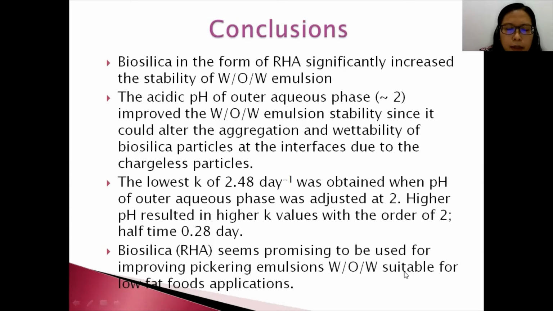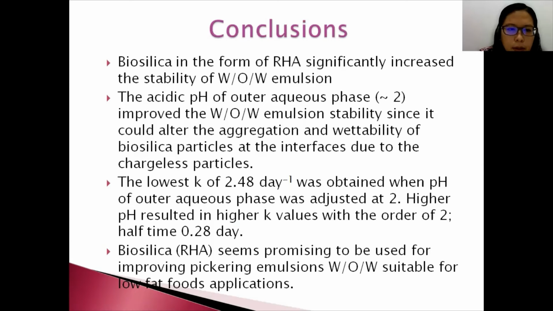So we come to the conclusion. Biosilica in the form of rice husk ash significantly increased the stability of water-in-oil-in-water emulsion. The acidic pH of the outer aqueous phase of about 2 improved the water-in-oil-in-water emulsion stability, since it could alter the aggregation and wettability of biosilica particles at the interfaces due to the chargeless particles.